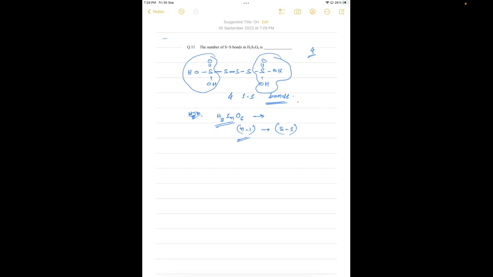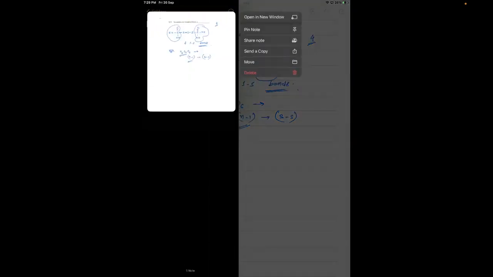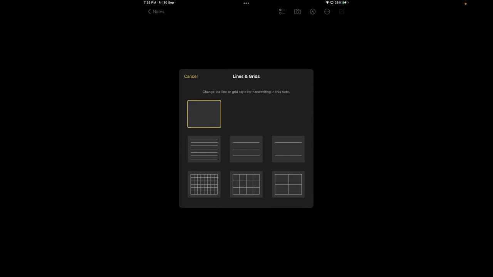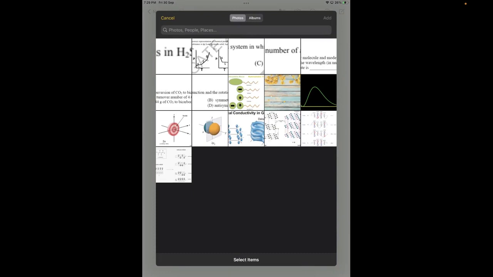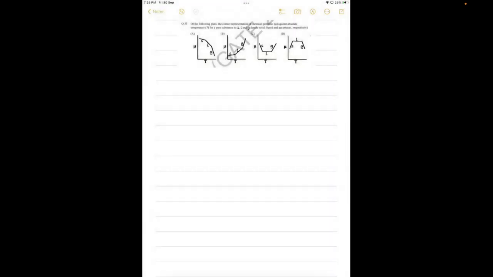Okay, so now let's just move to the next question. Okay, so this is question number 33 from the 2014 paper, and the question says: of the following plots, the correct representation of chemical potential against absolute temperature for a pure substance, solid, liquid and gas respectively.